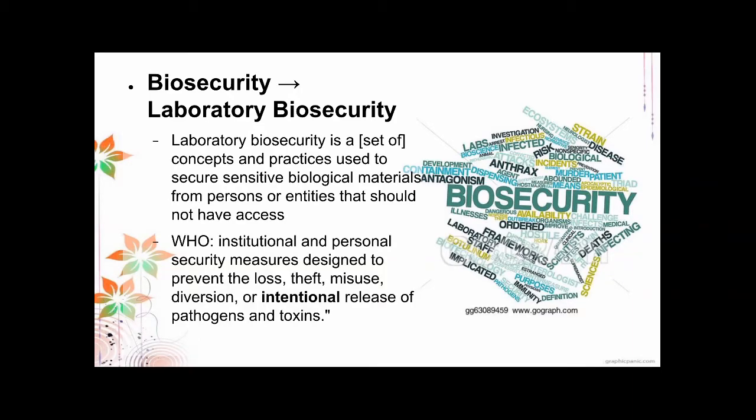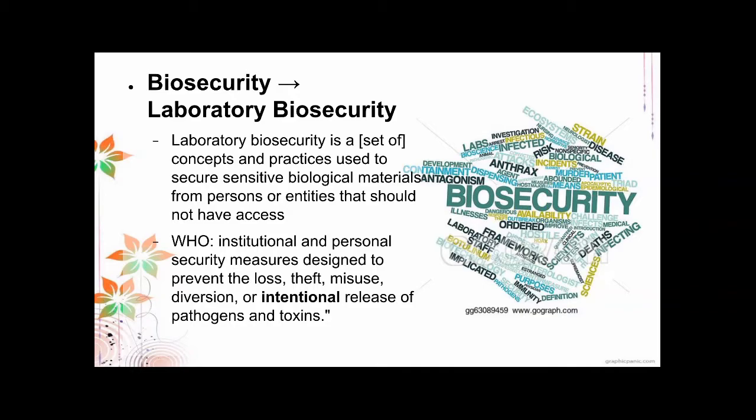According to WHO, laboratory biosecurity is institutional and personal security measures designed to prevent the loss, theft, misuse, diversion, or intentional release of pathogens and toxins. In biosafety, we are preventing the loss and release of pathogens and toxins into the environment and even to the laboratory workers as well.